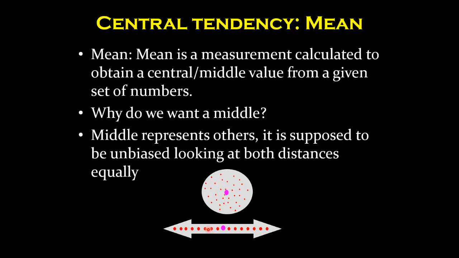So mean is supposed to be an unbiased value. However, we'll later learn that the mean is not always an unbiased value. Sometimes it is a biased value, and that's why we need to do something else to say how much bias is in the mean. Well, someone calculates the mean and says, hey, guess what?